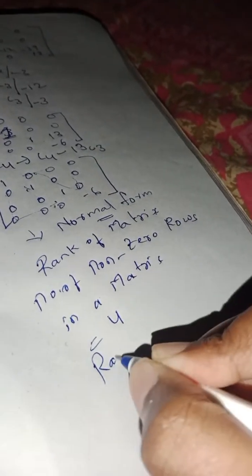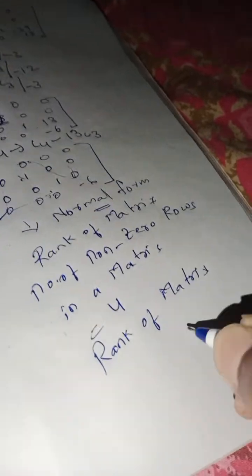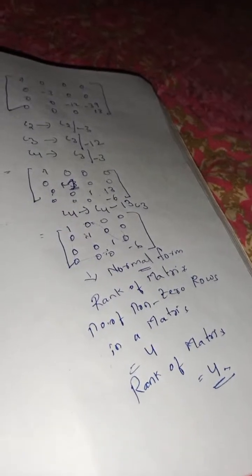So rank of matrix will be 4. This will be the answer. So this will be the process to find the rank of matrix using a normal form.